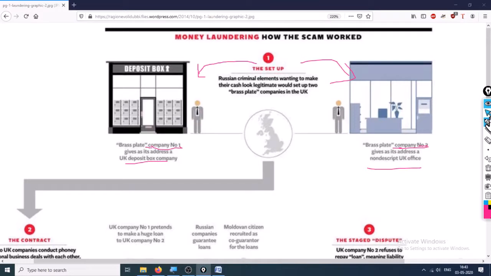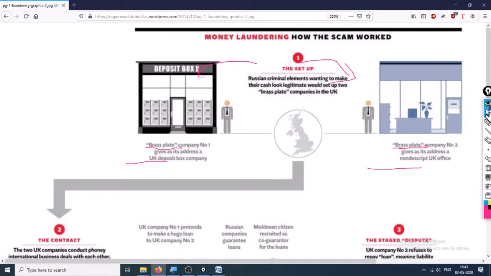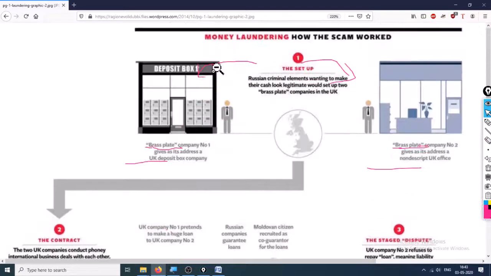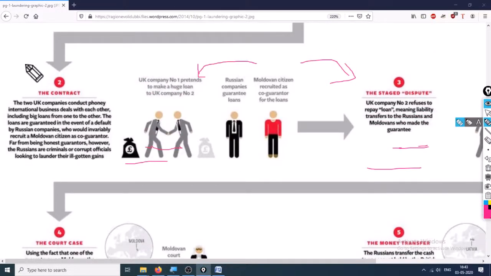The next thing they do is start a transaction. UK company number 1 pretends to make a huge loan to UK company number 2. Looks very good. And who was the guarantor?